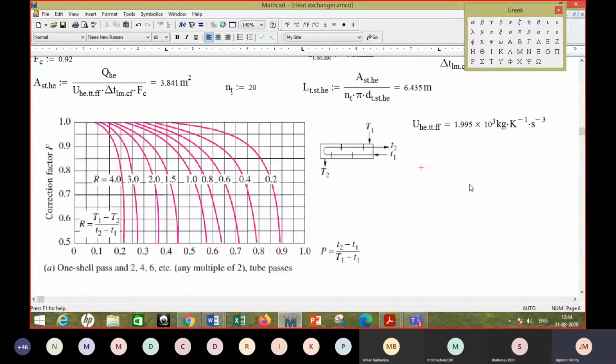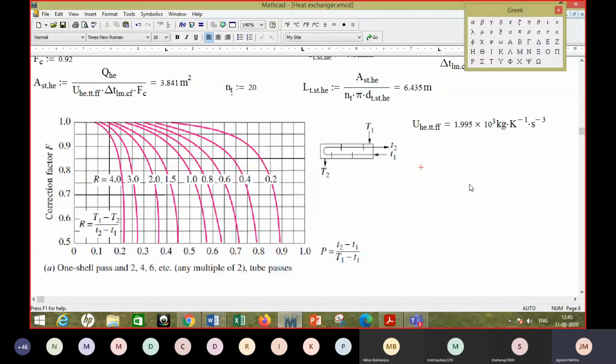You are given that data, and you are, let's say, the designer or the manufacturer of the heat exchanger. So you are calculating the required area of heat exchange and then providing that to the manufacturing department, and the manufacturing department would make the heat exchanger according to your design, right?